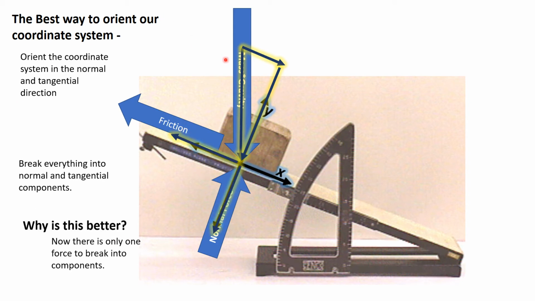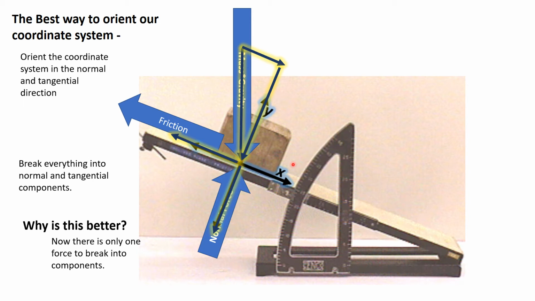It's better because there are fewer things to break apart. Our motion is in the x direction, so now we don't have to break motion into x and y components. It just makes sense to orient your coordinate system in the same direction that motion is happening in, the same direction that most of the forces are happening in. It keeps things simpler and easier to work through the problem.